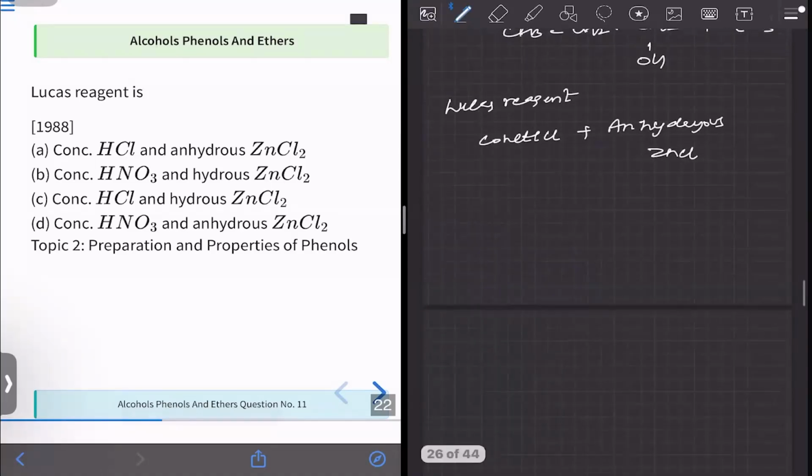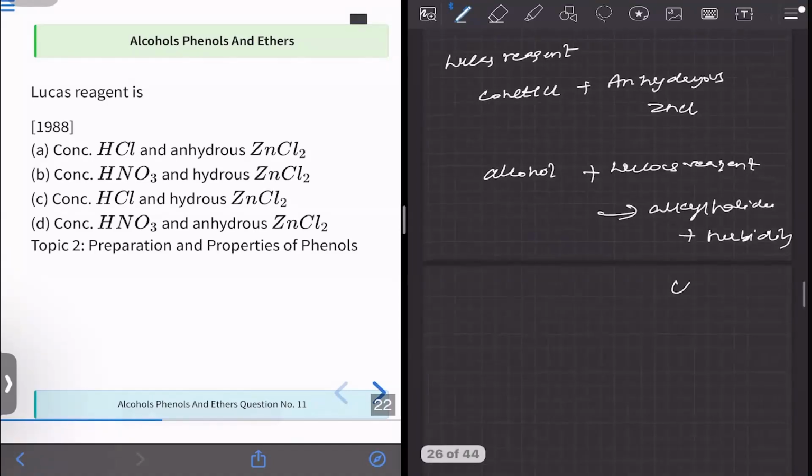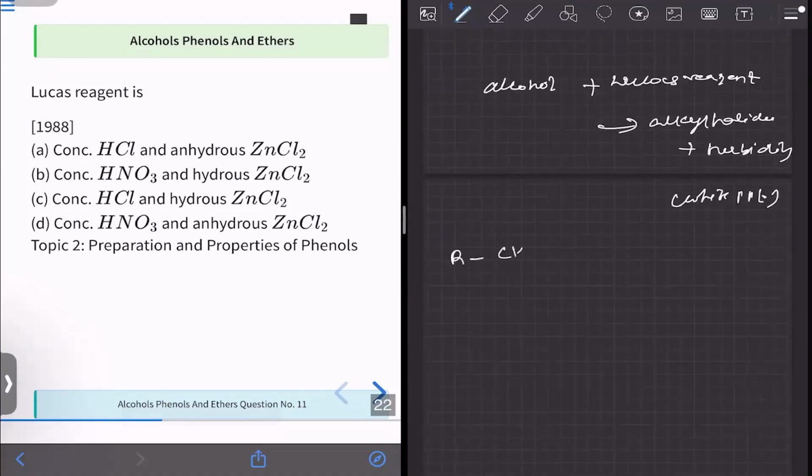See, whenever an alcohol reacts with Lucas reagent, it produces alkyl halides plus turbidity, that is, a white precipitate is formed. For example, a primary alcohol, CH3CH2OH, when it reacts with this concentrated HCl plus ZnCl2, what does it produce?